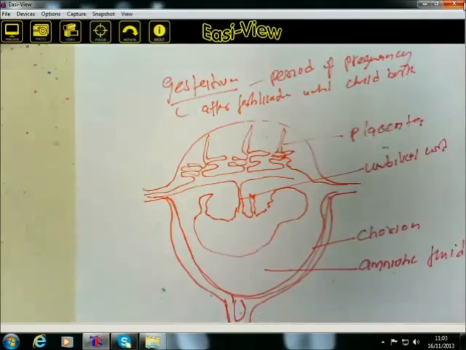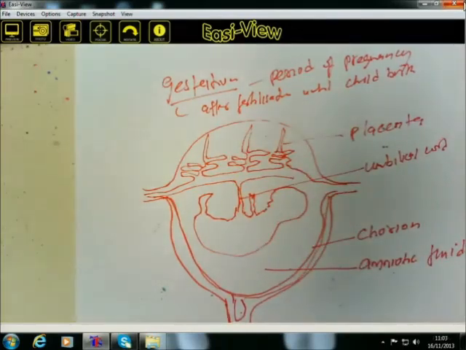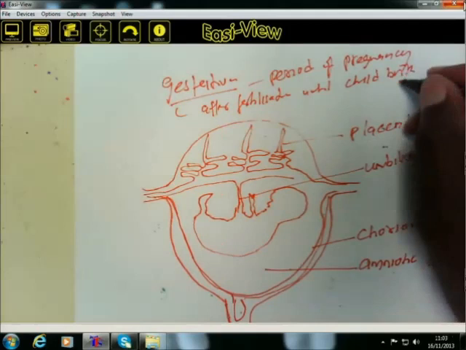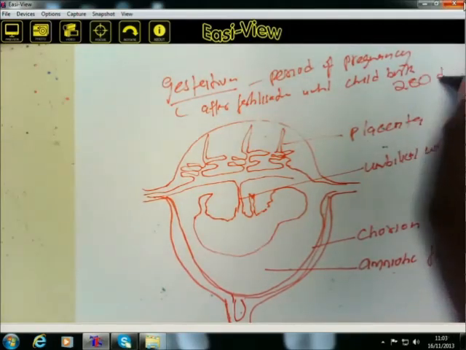So if they say give the correct term for the period after fertilization until childbirth, and you write pregnancy, it will be wrong. It is gestation. Gestation is called the period of pregnancy. It takes about 280 days.